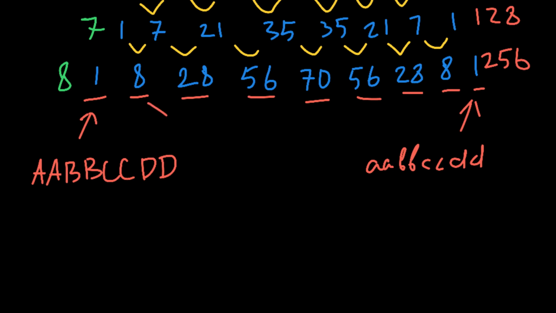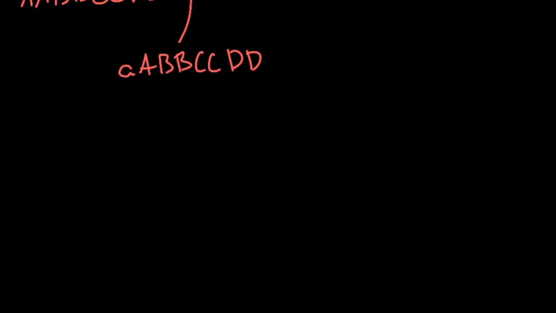And for example, this variant would be where we would have one recessive allele. So small a, capital A, capital B, capital B, capital C, capital C, capital D, and capital D. And we would have several such different combinations.